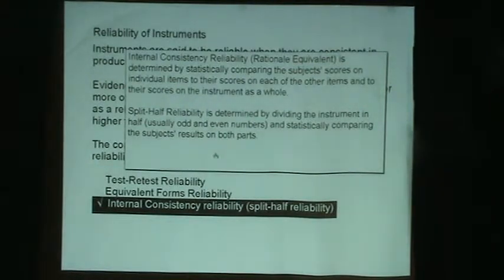But split half reliability you do see. And this is determined by dividing the instrument in half, usually odd and even numbers, and statistically comparing the subject's results on both parts. So the test is divided in half, and you compare the participants' performance on one half with the other half. If they are similar, then the reliability coefficient of that test or instrument is probably fairly high.